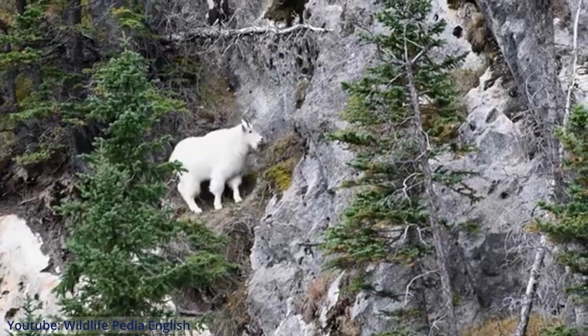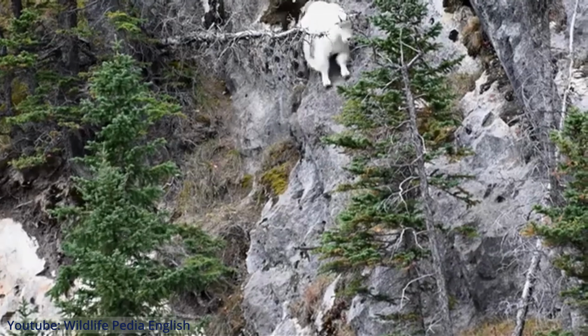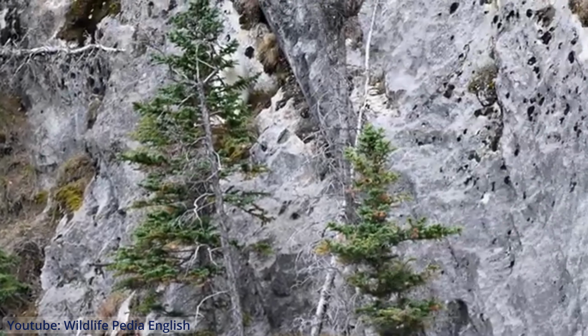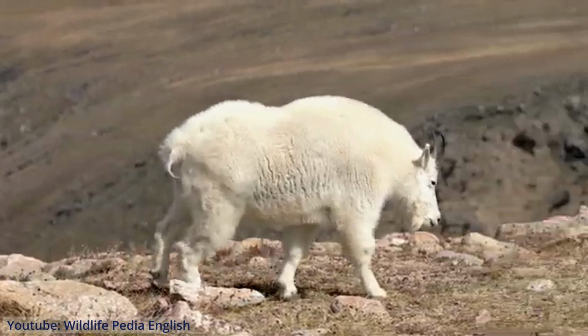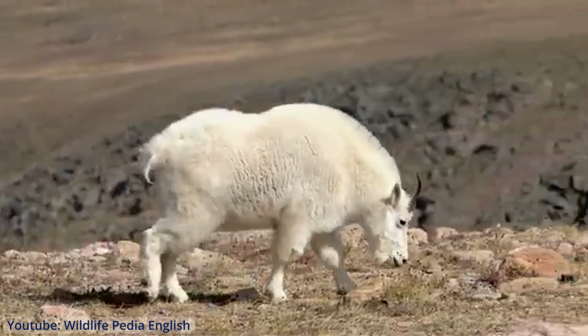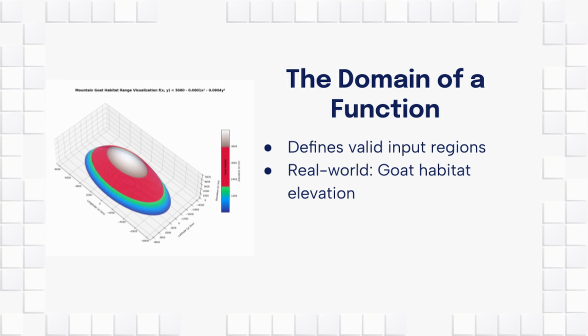This map shows where the goats live, which is between 1,500 meters above sea level and 4,000 meters. The domain of this function must be limited to a specific altitude range. If the domain is misdefined, it could lead to inaccurate data collection and costly errors. In a graph, the domain might be visualized by highlighting the region, such as a red band, illustrated as seen here, showing where the goats live.